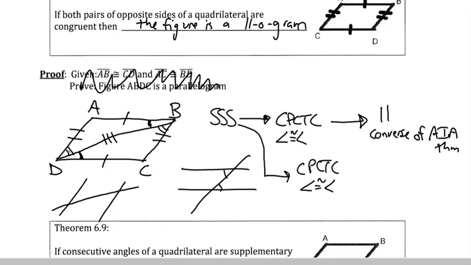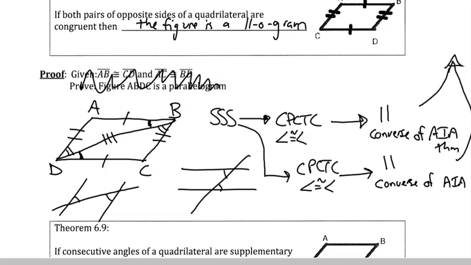Because if I drew this and I was talking about that angle being congruent to that angle, then once again, I know now the left and right are going to be parallel by the converse of AIA. And once I know that both pairs of opposite sides are parallel, then it must be a parallelogram by definition of parallelogram.